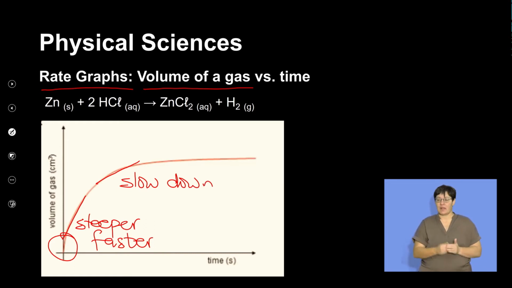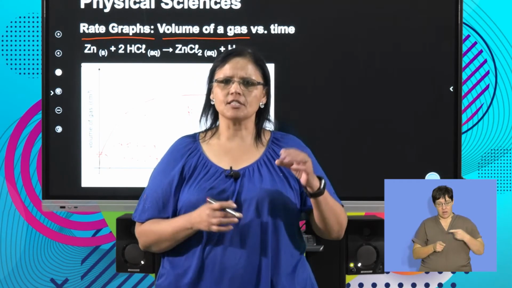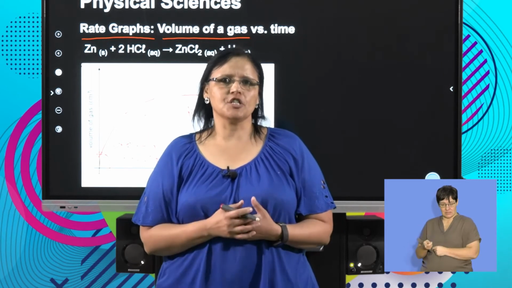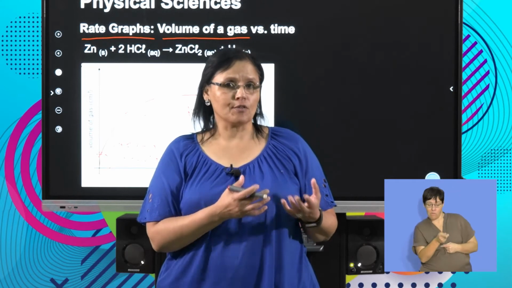At the end, we have a parallel line to the time axis, and that parallel line to the time axis is actually an indication that your reaction has stopped. Just remember, when your reaction stops, when it's a one-way reaction where the reactants form product, it basically just means that one of our reactants is used up.